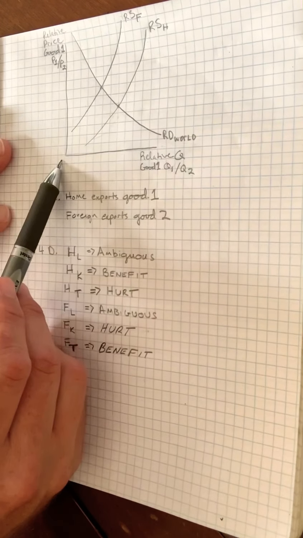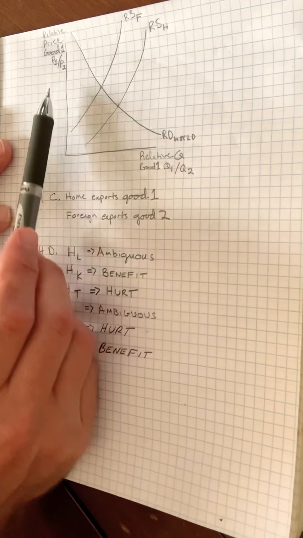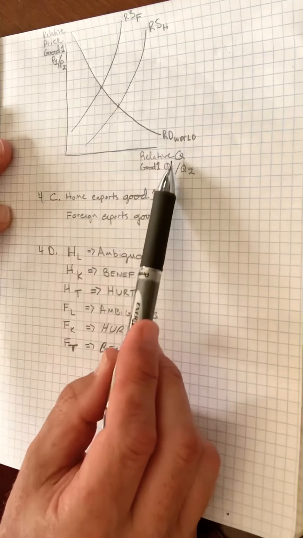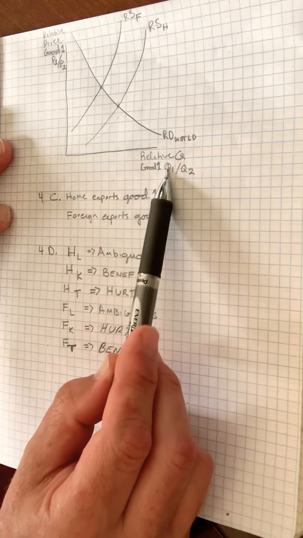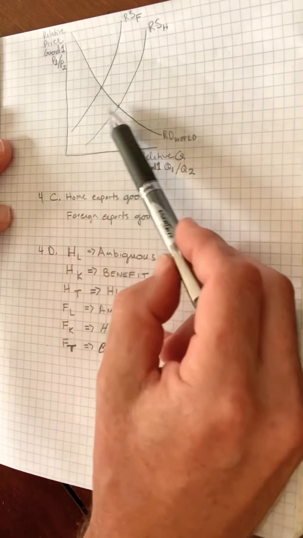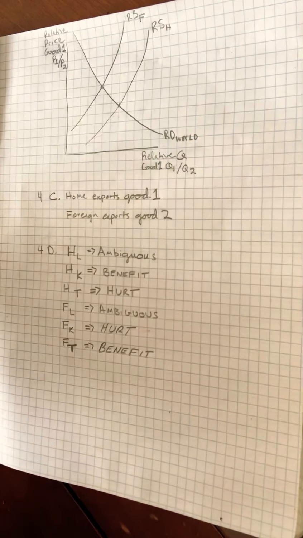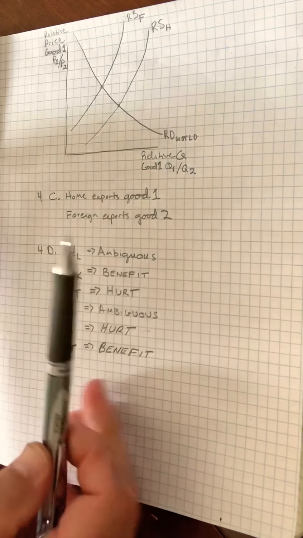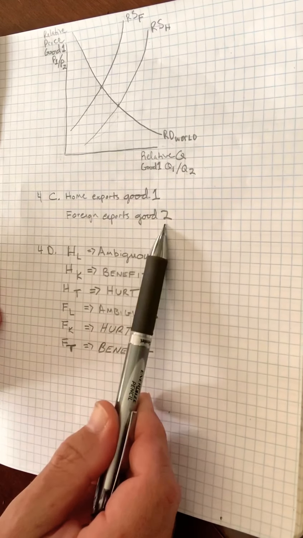On our y-axis, we have the relative price of good 1, P1 over P2. And on the x-axis, we have the relative quantity of good 1, Q1 over Q2. So at any given price, home is going to be able to produce more because of their increase in capital. So once we open up to trade, home will export good 1, foreign will export good 2.